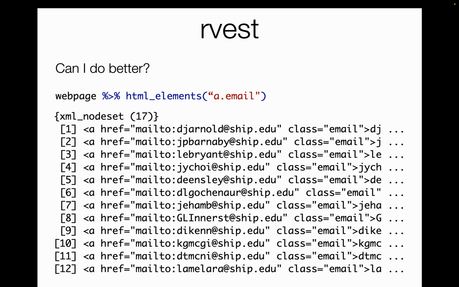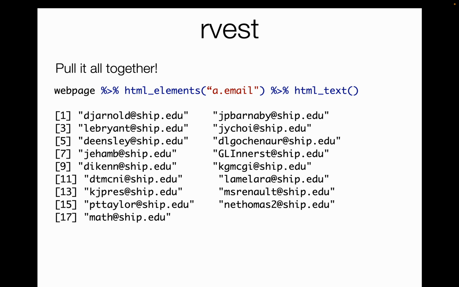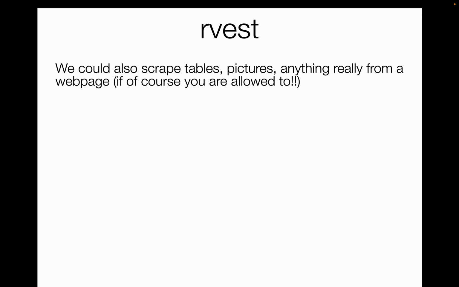Okay, so that's what I want. And so I can take that and put that into, as I said, html_text, and it pulls out the innards of the a tag with class email, which were the actual emails. Okay, and so there I got that.